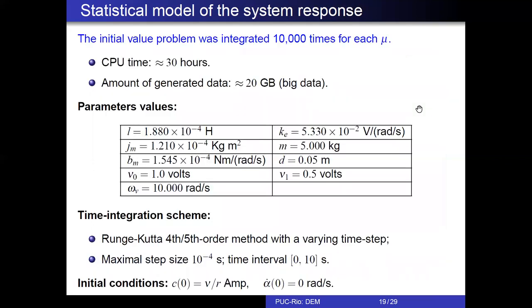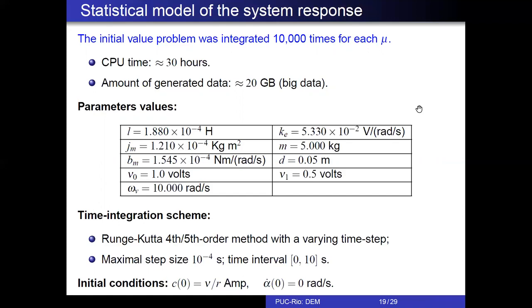In the Monte Carlo simulations, we integrated the initial value problem 10,000 times for each value of μ. The CPU time to make the computations was around 30 hours, and the amount of generated data was around 20 gigabytes. This shows that our problem is a big data problem. The parameter values used in the simulations are given in the table, and we used the Runge-Kutta method of fourth and fifth order as time integration scheme.